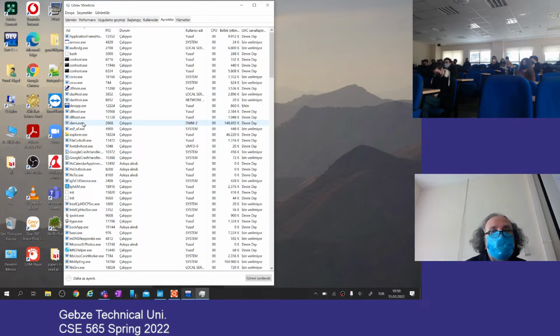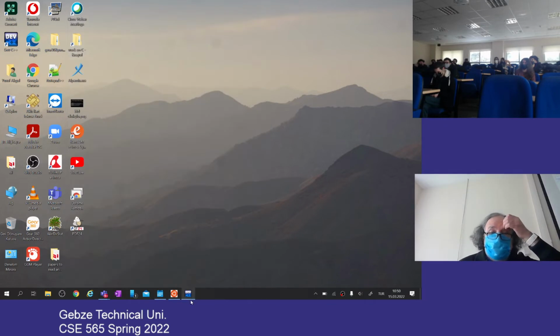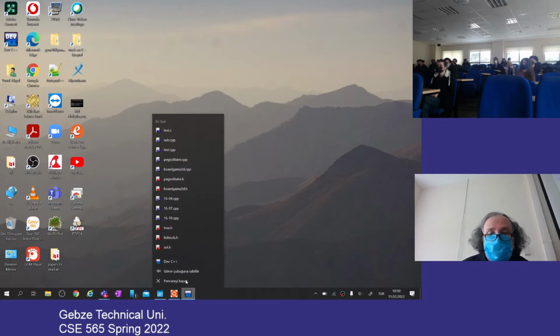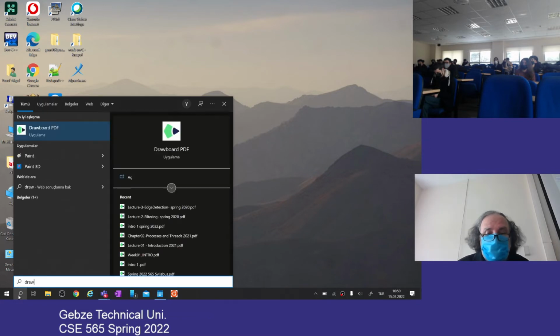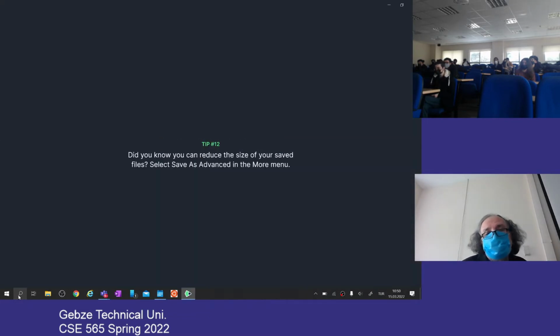No. Let me close as much as possible. It's not an operating system thing, it's an application thing. Maybe I have too many open files. Could be.